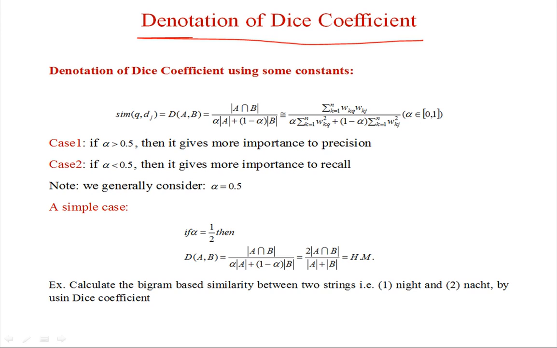Now, using some constants to explain the concept of the dice coefficient, the similarity with respect to query term Q and document Dj can be calculated as follows.